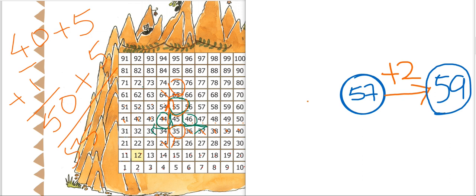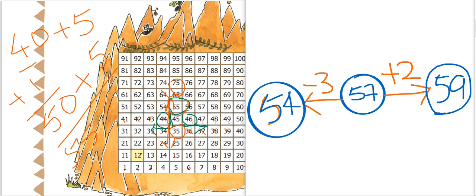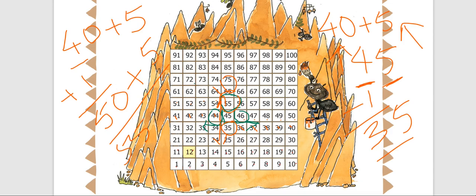Now, if you go 3 steps to your left, so you go back 3 steps, you do minus. 57 minus 3 is 56, 55 and 54. Let's look at it here.